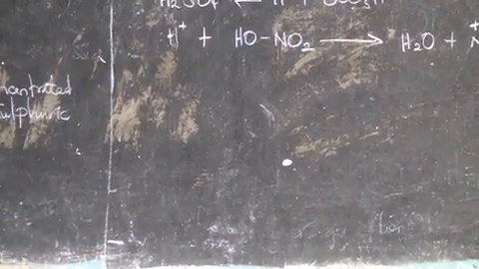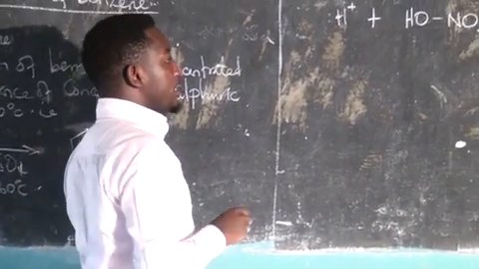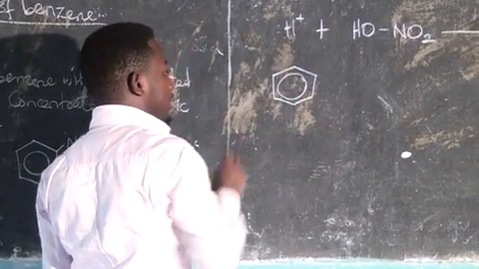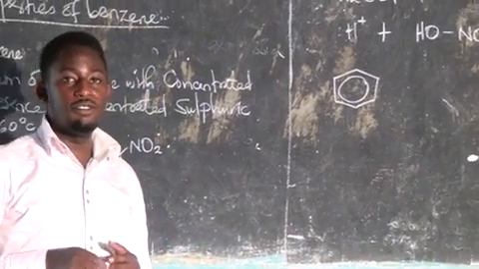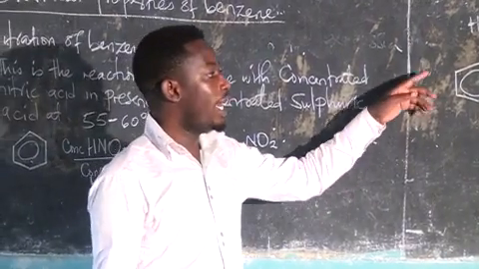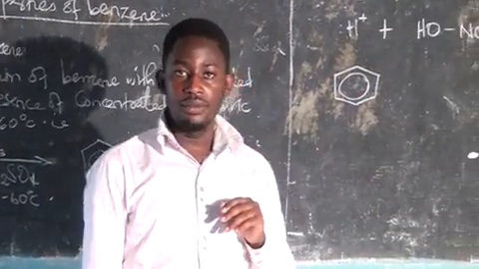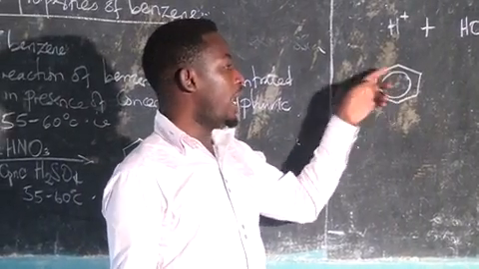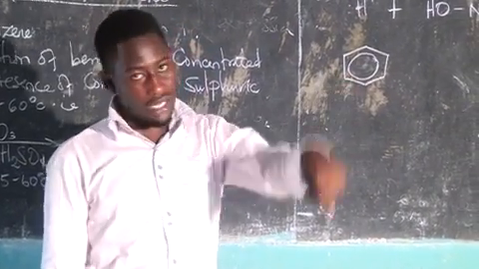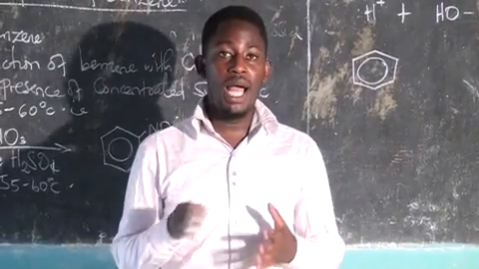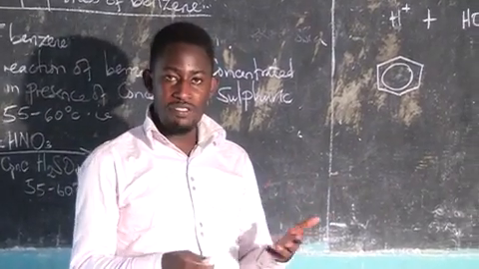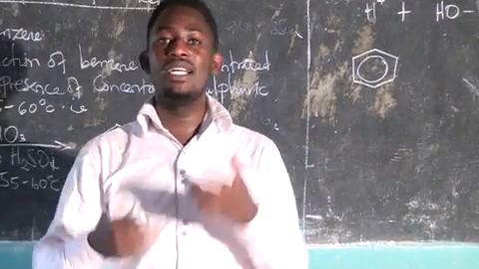Now, remember what we said. Our benzene has a ring, and this ring is full of electrons. These are the delocalized electrons in the ring, and because they are delocalized, they can actually attack an electrophile. Remember, in organic chemistry, we are always looking out for the nucleophile and its ability to attack the electrophile.